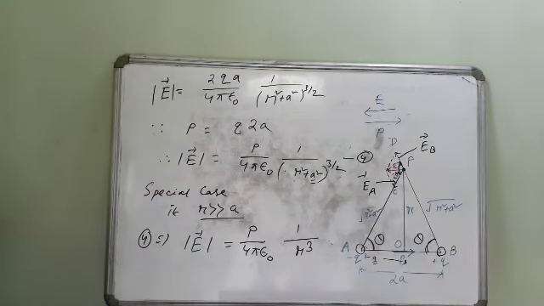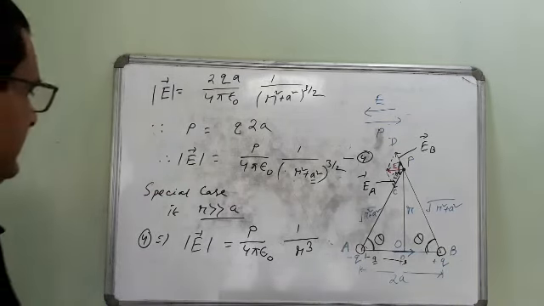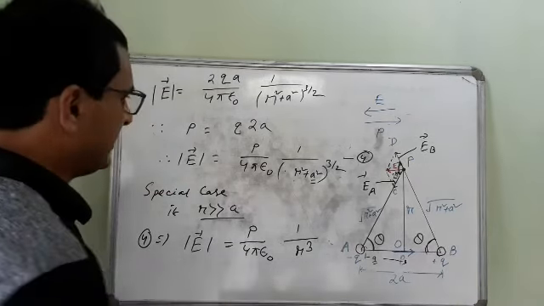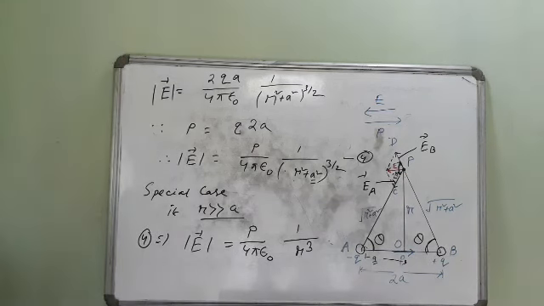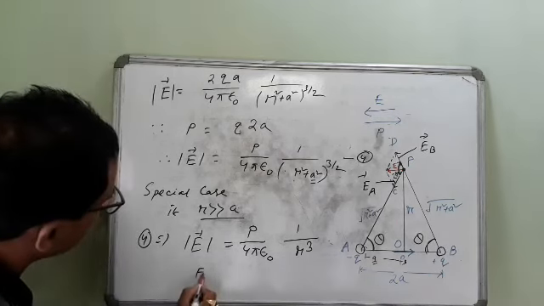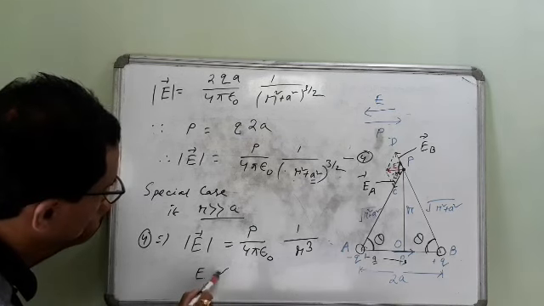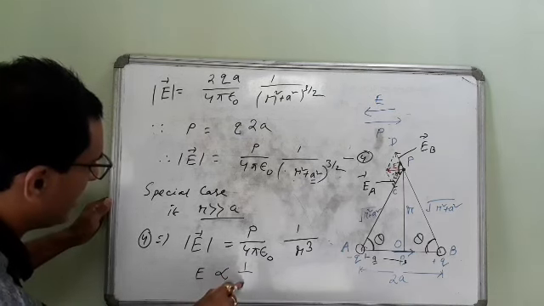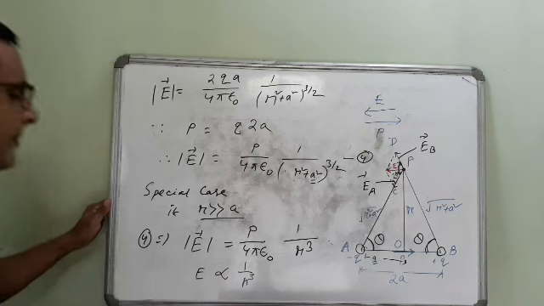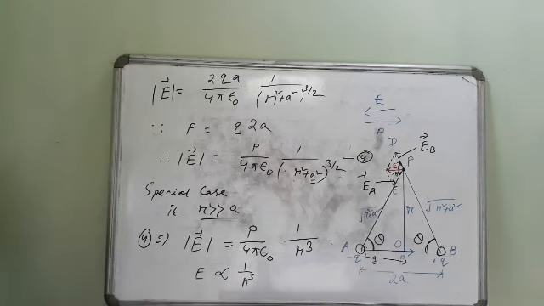So this is the magnitude of the electric field at P when R is at a large distance compared to half of the dipole length. So again we have seen that E is inversely proportional to R cube, as in the previous case.